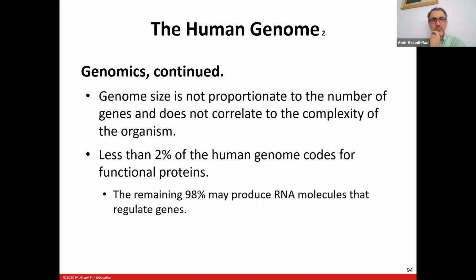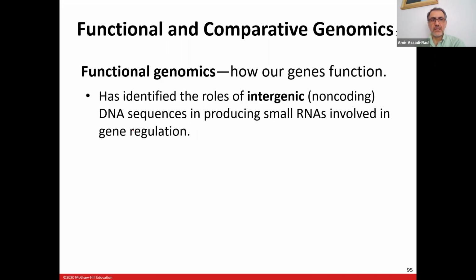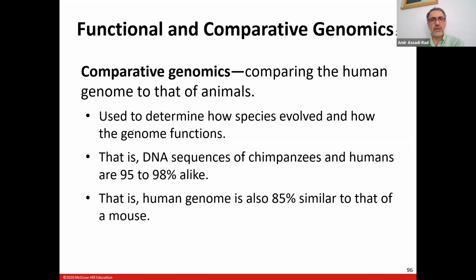Okay, that's pretty much what I'm talking about. Genome sums, productions, and so on and so forth. 2% of human genomes codes for functional proteins. Out of those, and 98% produce molecules that regulate genes. Okay, I'm not going to go into details of that. How our genes function has identified rules of interactions and so on.